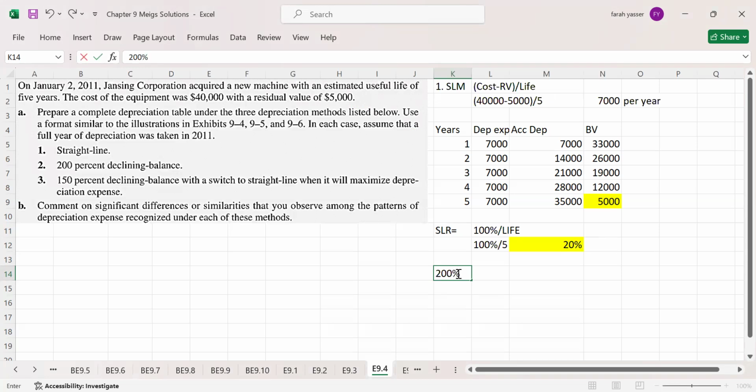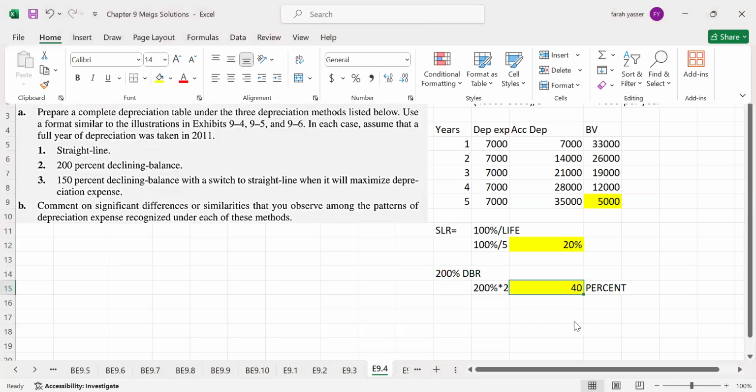Then we will calculate the 200% declining balance rate, and we simply multiply 200% by 20%, like we did in the previous example, which is 40%. So this is 40%.